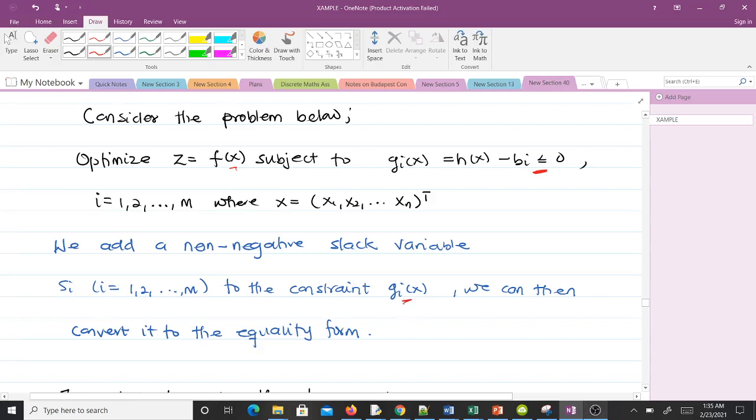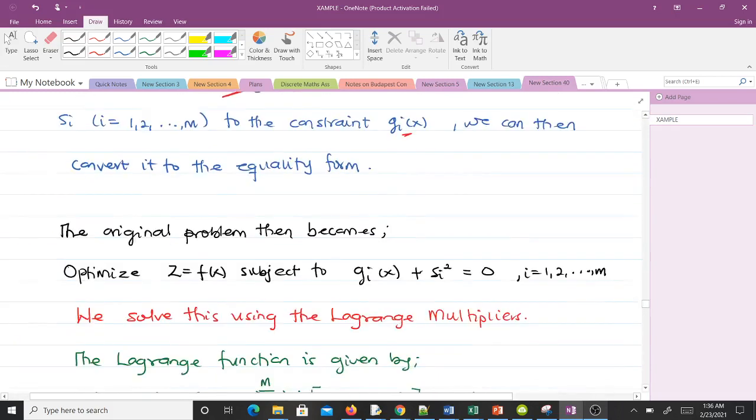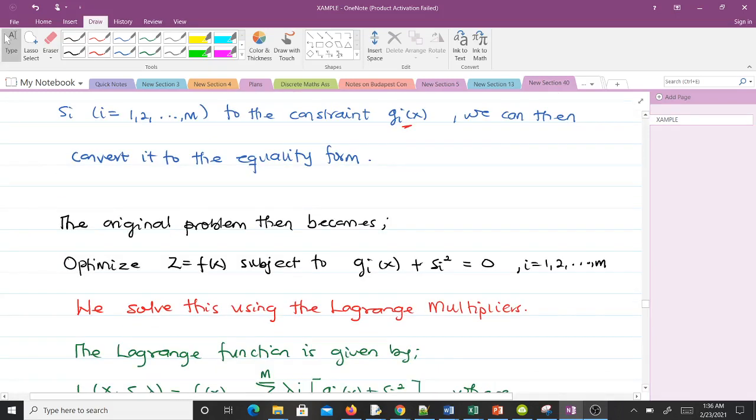Take notice of this: our slack is always non-negative. So we add it to our constraint g_i of x to convert it to the equality form. If we do that, our constraint becomes g_i of x plus s_i squared.